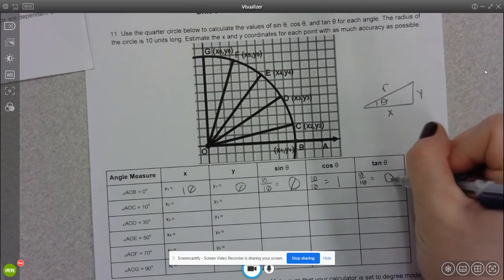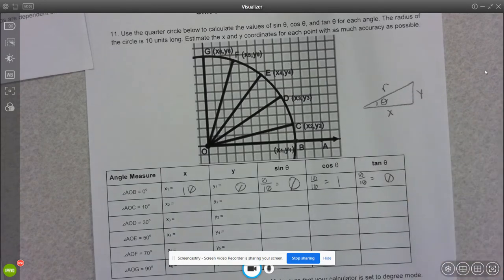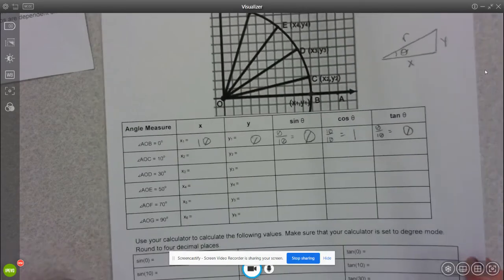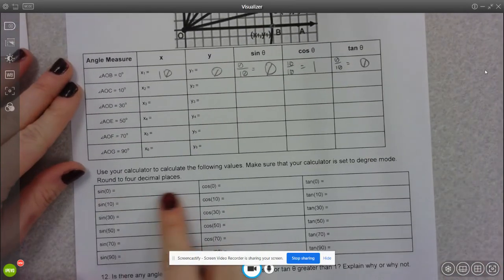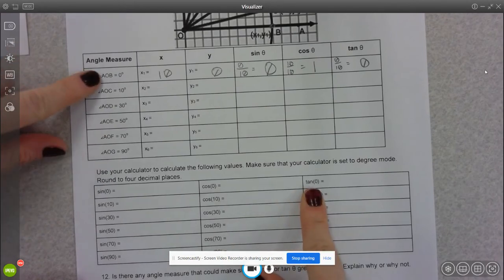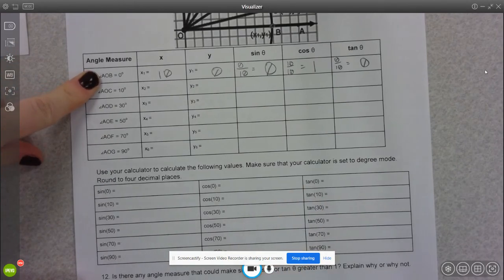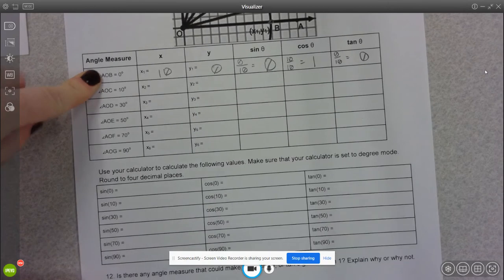Well, that is 0. Now, you'll notice I'm going to kind of do two things at once. Down here at the bottom, it also has sine, cosine, and tangent of that same angle 0. I'm going to show you how to do this in your calculator as well.